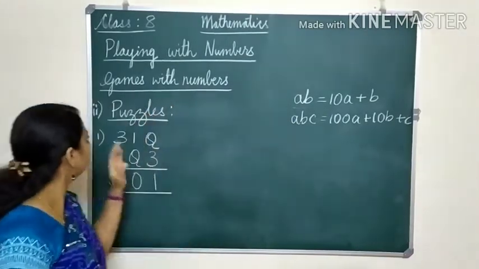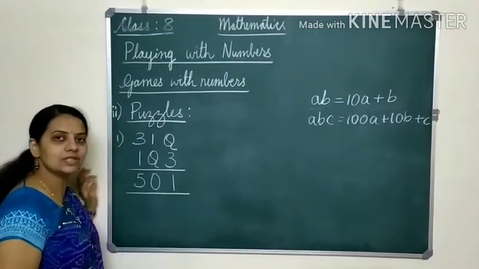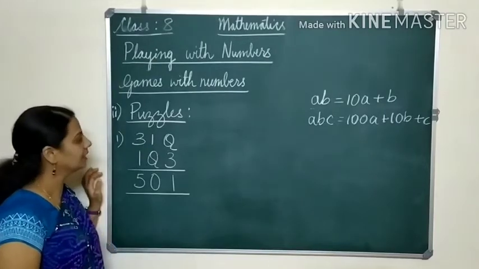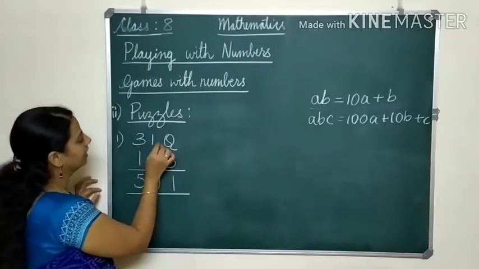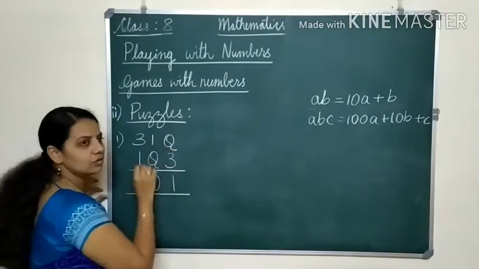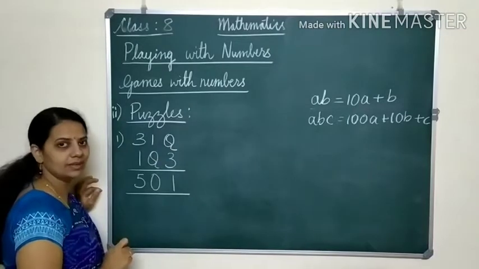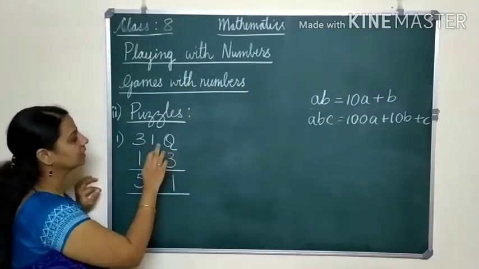Now let's solve the puzzles. For solving these puzzles, you should remember two rules. For example, in this 3Q1, this Q is unknown. You have to consider this Q as a single digit number, not a two-digit number or any three-digit number. So that is the first rule.